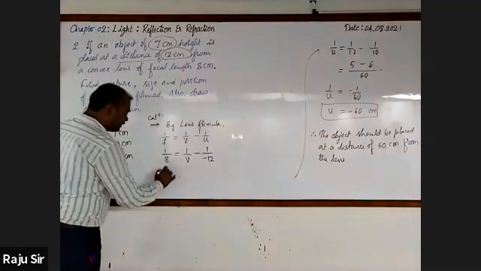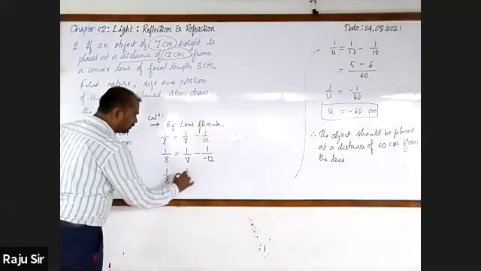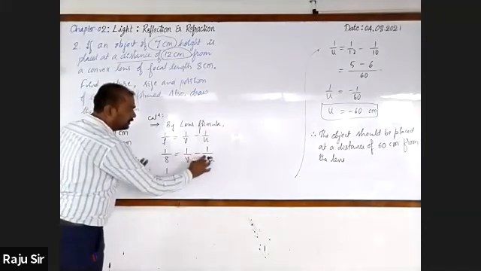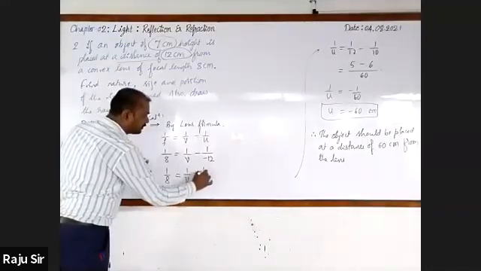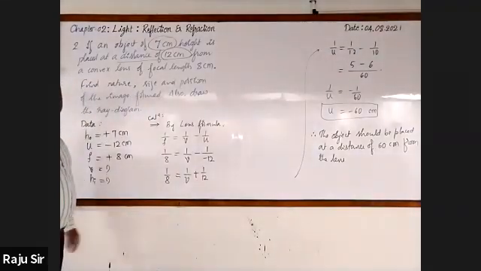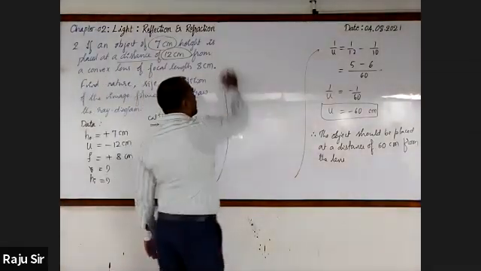Next, 1 by 8 is equal to 1 by v, here minus into minus is plus, 1 by 12.